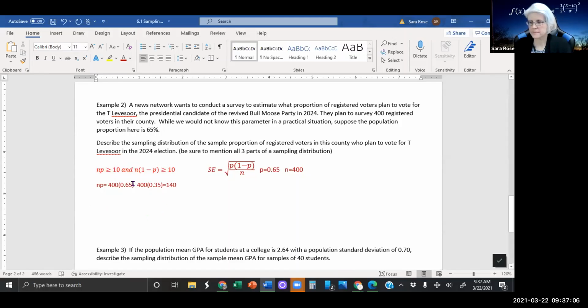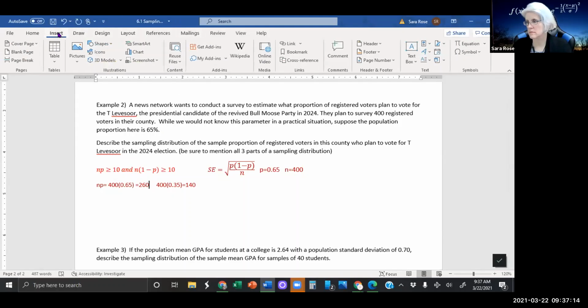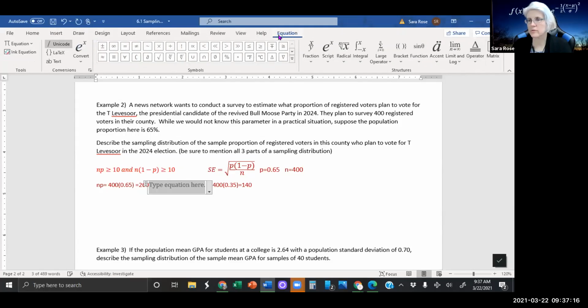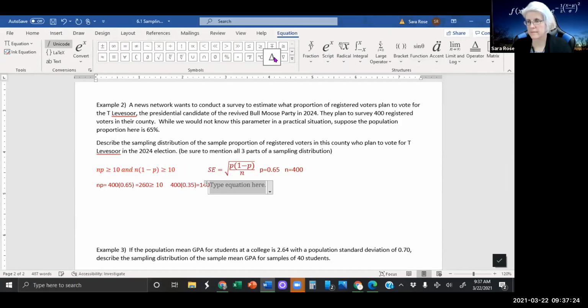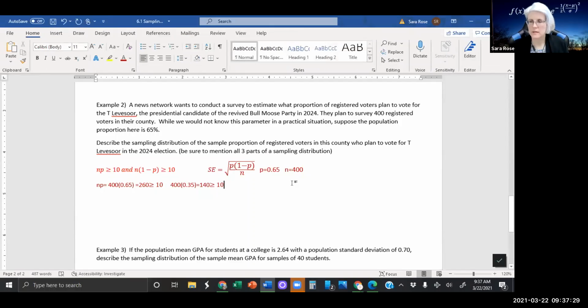So I forgot to put that in there. Equals 260. Okay, and in both of those cases, this is greater than or equal to 10. So we can now work with this formula.